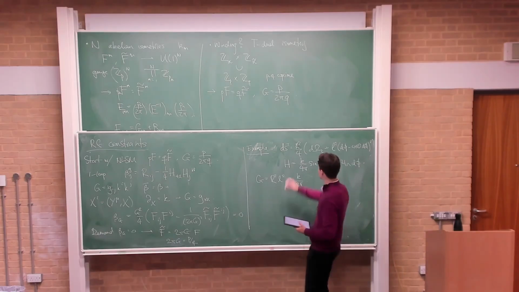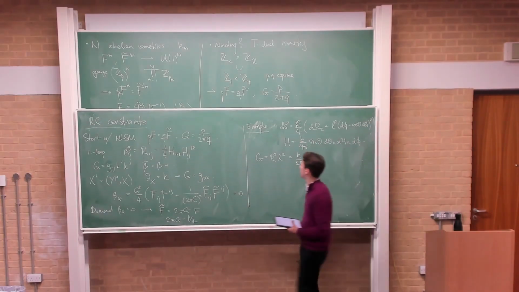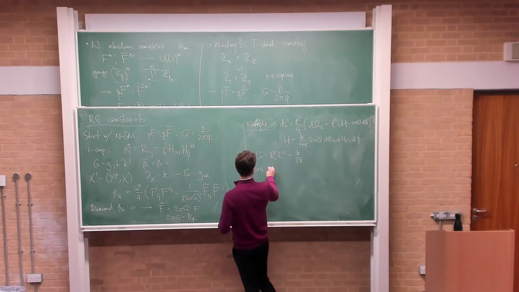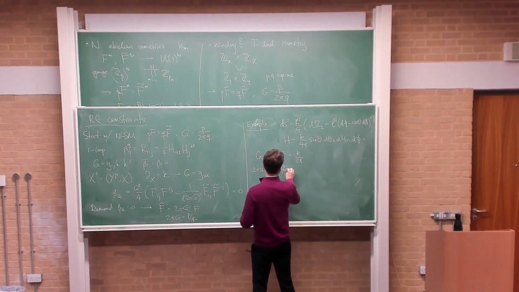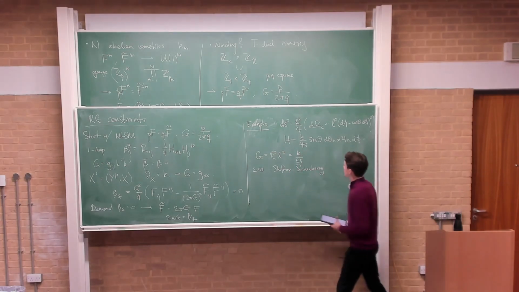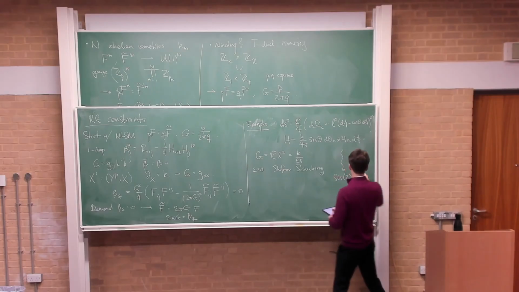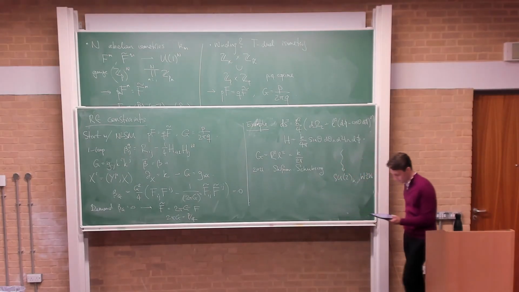And in fact, the RG flow of this model has been studied a few times, more recently in a paper from 2021 by Schiffman and Scherbrink. So it flows in the IR to the SU(2) level k fixed point.